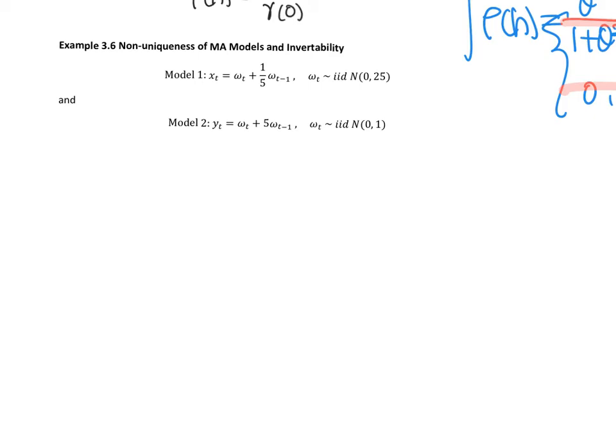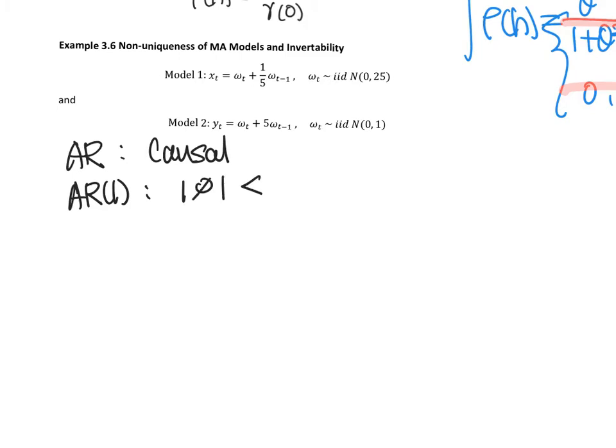Before, for the AR model, we discussed the causal conditions, the assumptions for the AR model. That was for AR1: we need the condition that the absolute value of phi must be less than 1.